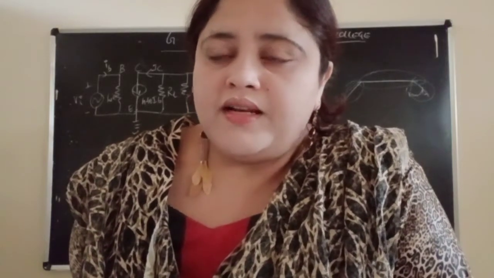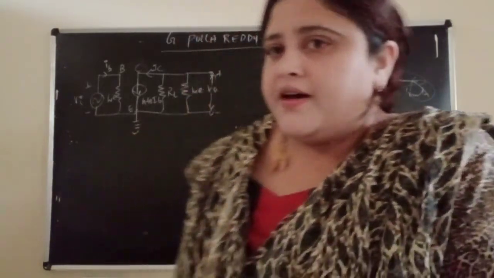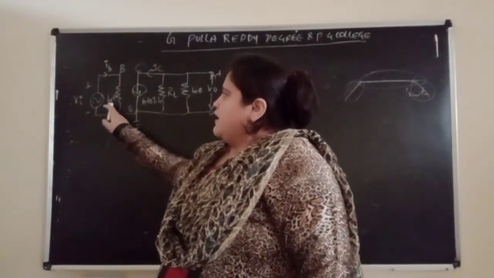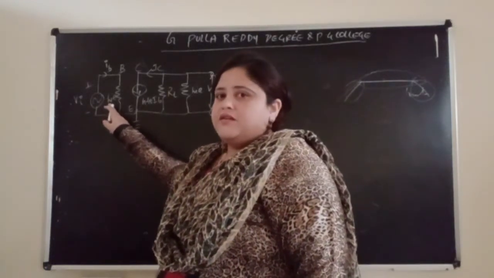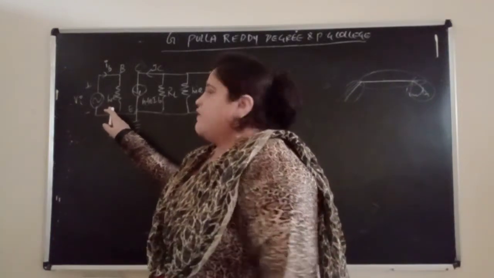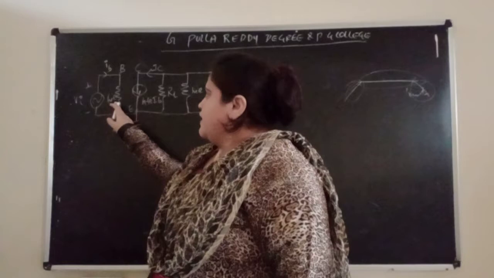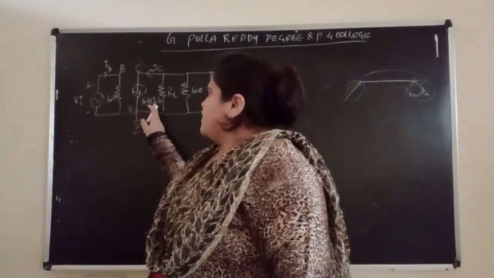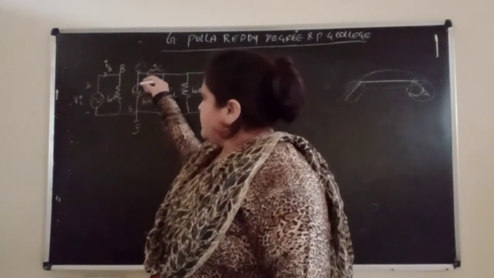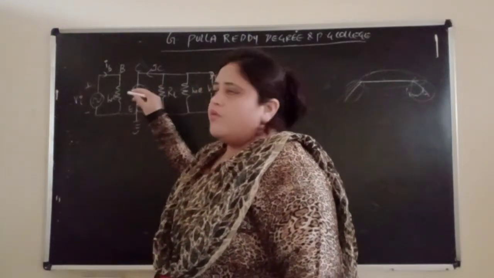The equivalent circuit of the RC coupled amplifier is shown on this board. AC input, hie. I have told you in previous classes about the h parameter transistor equivalent circuit: hie, hfe, IB, with the current direction downward.